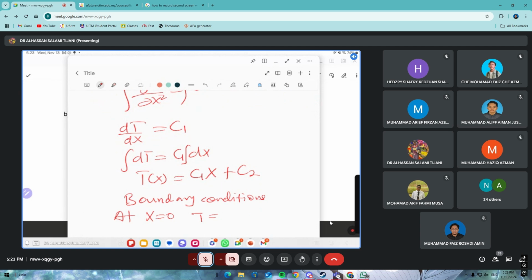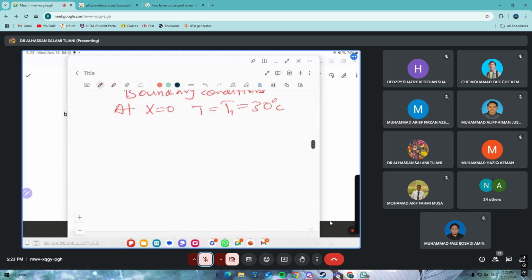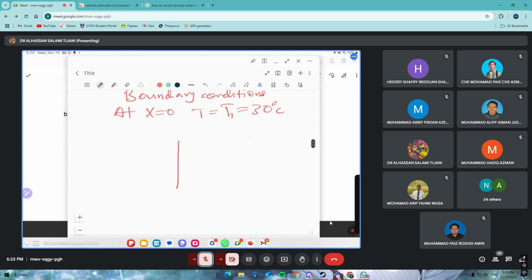So at x equals 0, T equals T1, and this equals 30 degrees Celsius. Let me sketch the diagram here. Here we have T1 equals 30 degrees Celsius, and T infinity equals 0 degrees Celsius. h equals 40, right? The thickness L equals 0.2 meters.